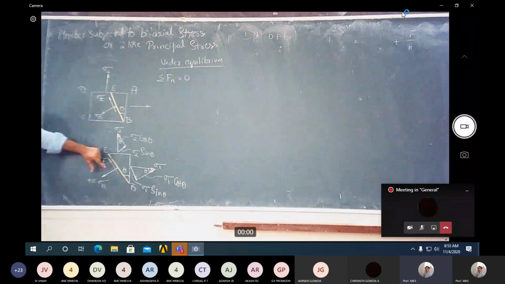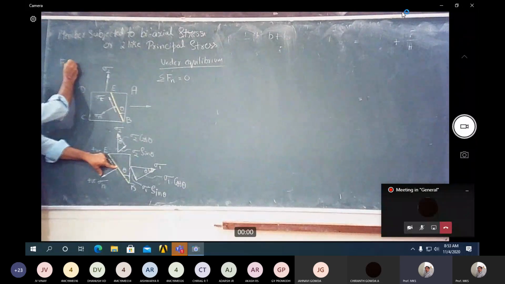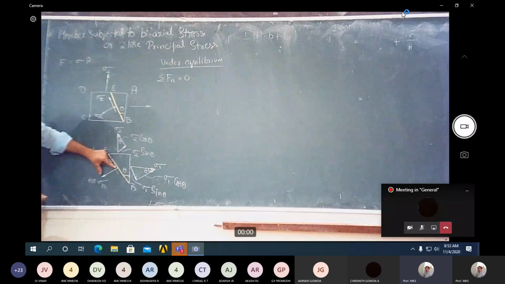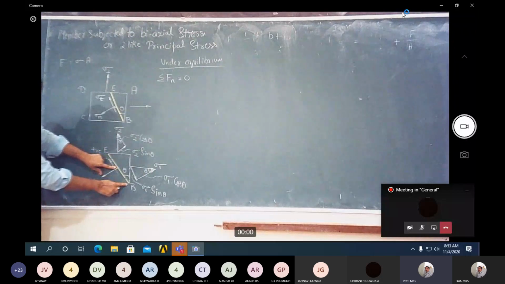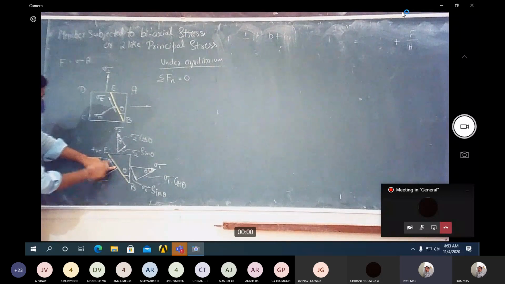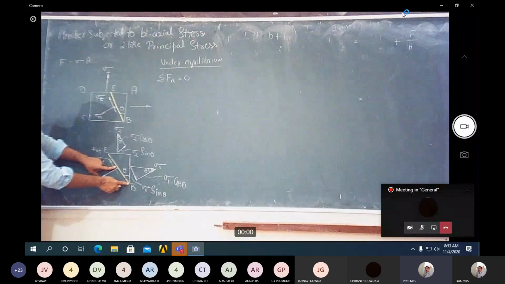So we have the normal force here. One is with respect to normal stress. As I told, force is equal to stress into area. So here the stress acting is sigma n. It is acting on the plane EB, and we have to take the area of this plane. The area of this plane is EB, the width, into its thickness.